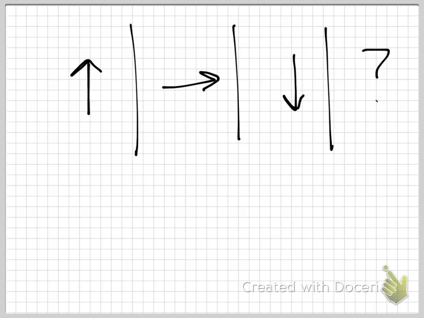Draw it for me. Again, it's not a matter of writing a rule here because there's really no rule. It's can you recognize the pattern? What would this look like, Ellie? What would the next drawing look like?